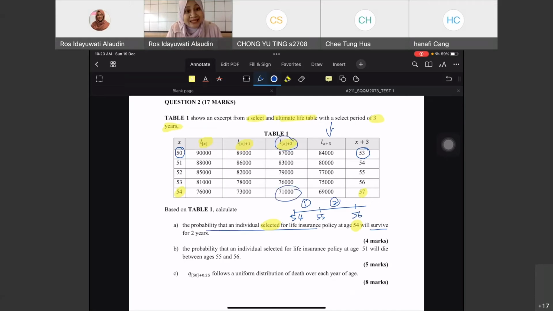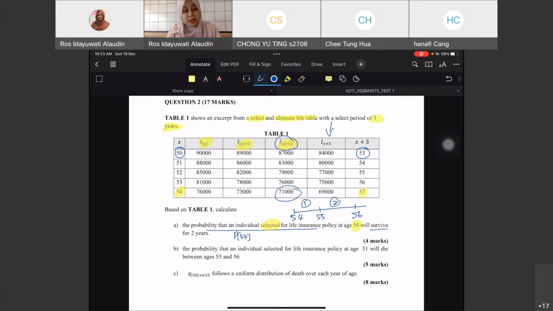So 56 is still in the selected group. So it is P. This is how you write the notation for the select life table. So P54 in the square bracket, don't sum up, okay?